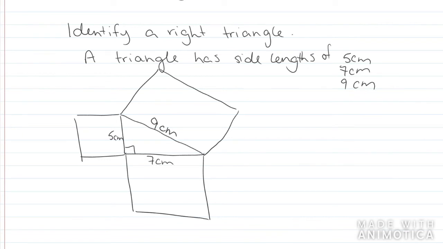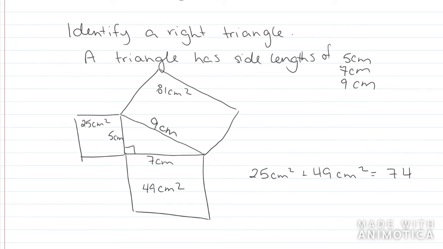Now we have to look at what the area is. 5 times 5 gives us 25 centimeters squared. 9 times 9 gives us 81 centimeters squared. 7 times 7 gives us 49 centimeters squared. So is this a right triangle? We have to add the two legs together and see. 25 plus 49 gives us 74.